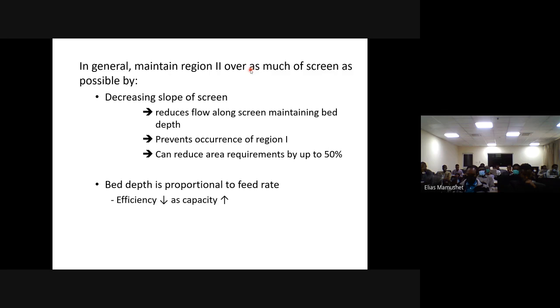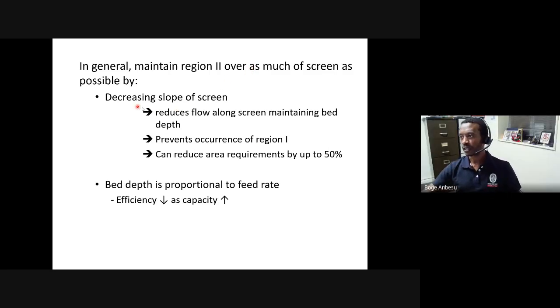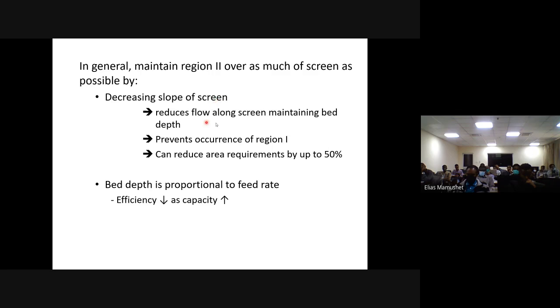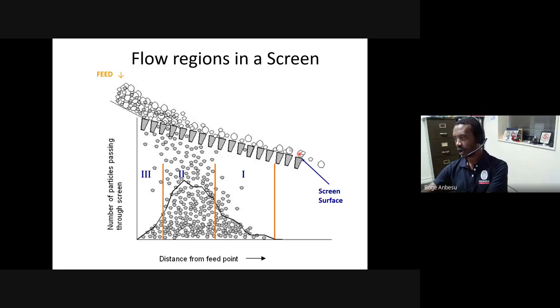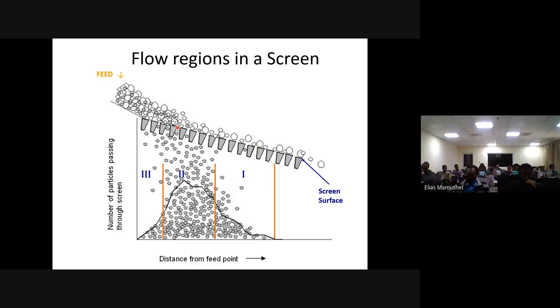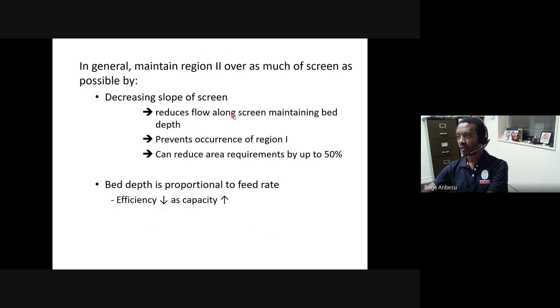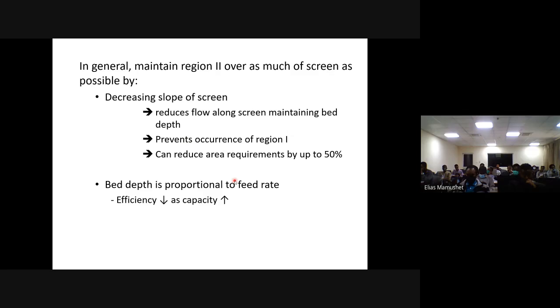Region 2 can be maximized by, for example, decreasing the slope of the screen. When I say decreasing, particles will spend more time on the screen, instead of everything moving quickly and reaching this point very quickly. If I move the particles slowly, I give region 2 a chance to be created, and that will help maximize your screening efficiency.